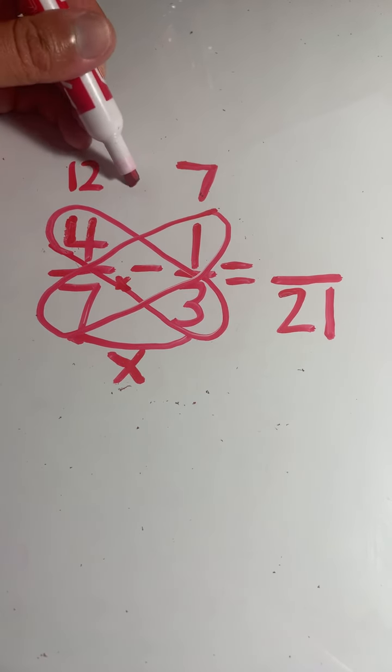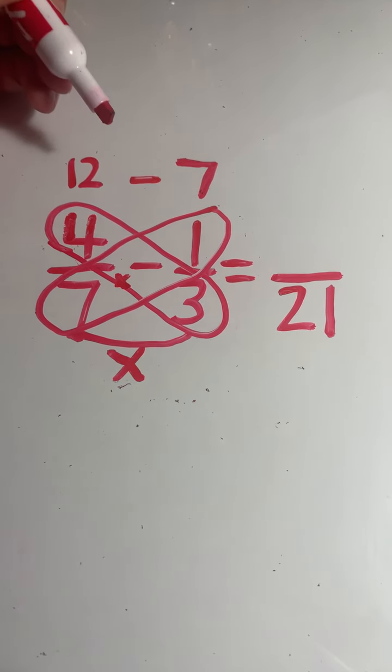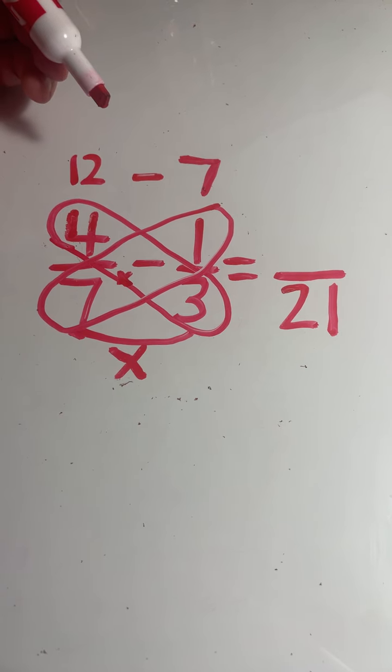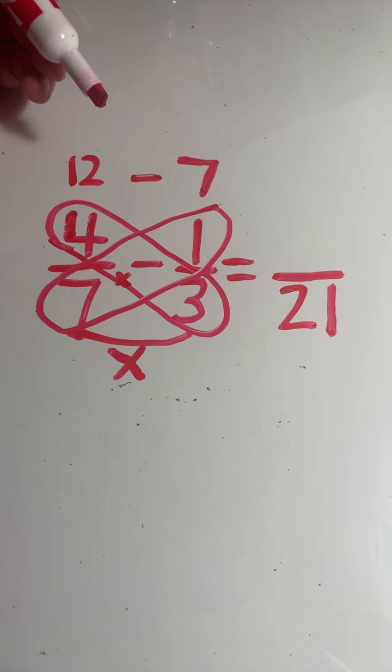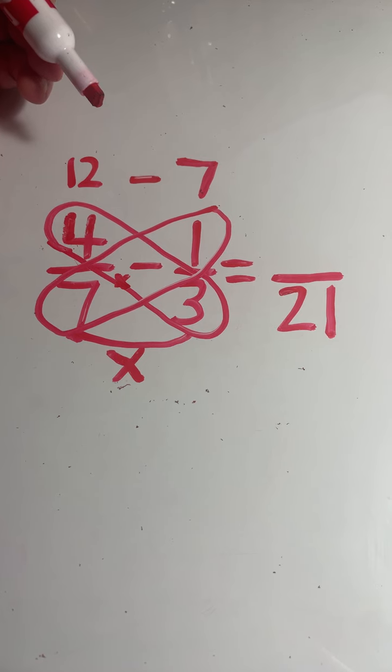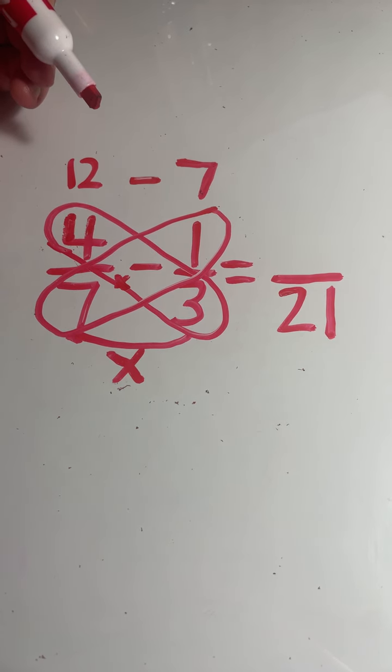Now that we have our two new numerators, the final step is we subtract the numerators. 12 minus 7. Put the answer to 12 minus 7 in the chat. I know you know what 12 minus 7 is.